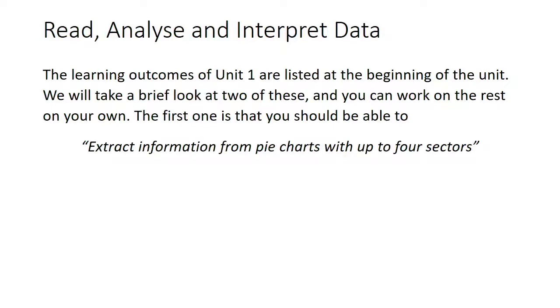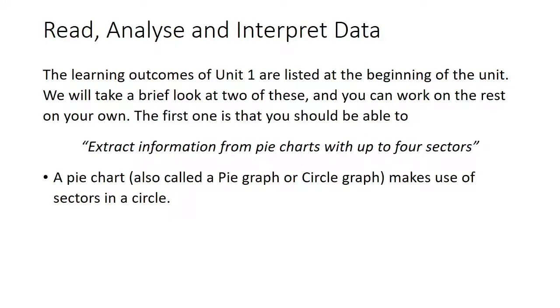The first one of these is on extracting information from pie charts with up to 4 sectors. This is one of the exit learning outcomes, and we should be able to, given a pie chart, interpret the data on such a pie chart.